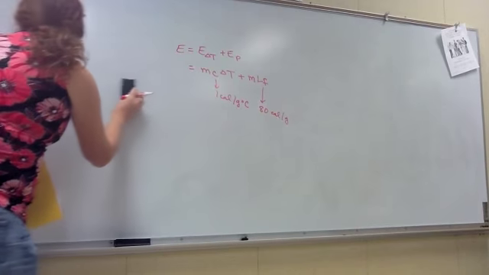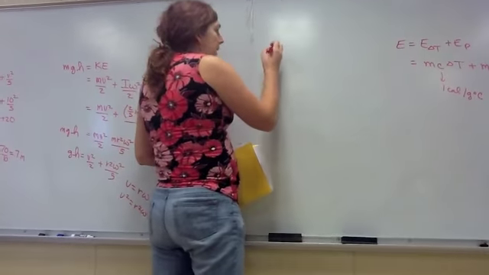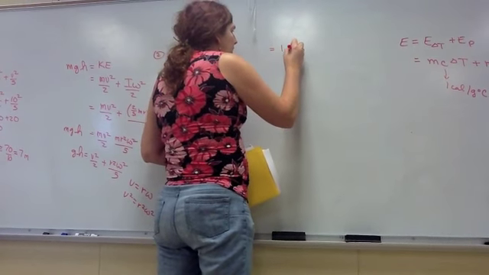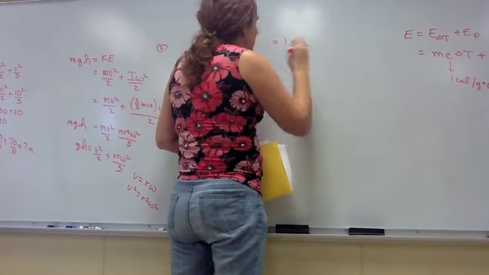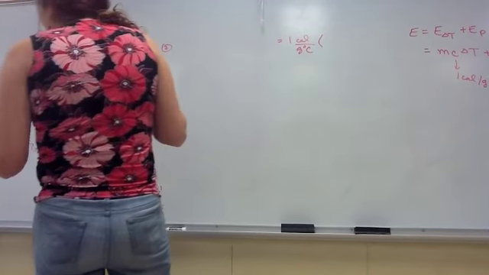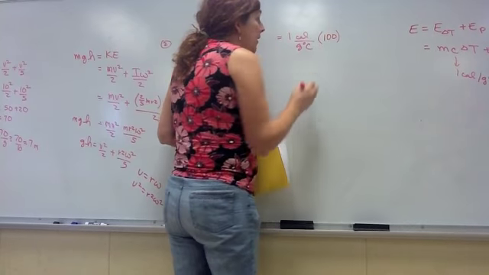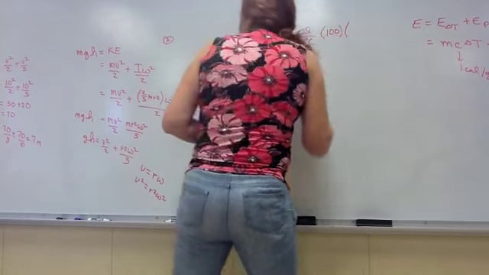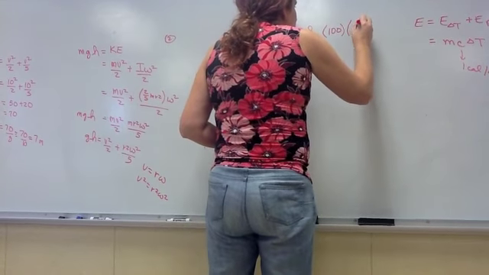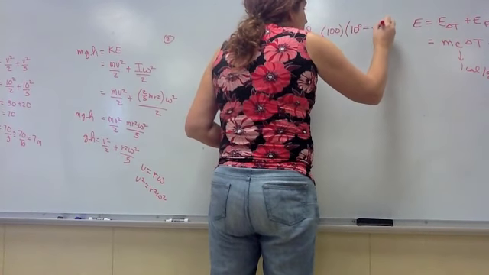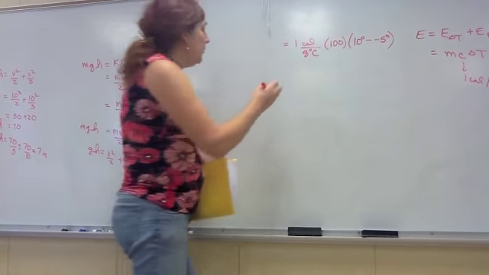So if you put in the values that we know, we have 1 calorie per gram times degrees Celsius. We have a total of 100 grams of ice. The change in temperature is final minus initial, so it's 10 degrees minus the -5, and be sure you put the minus in there because it'll come out incorrect if you don't.